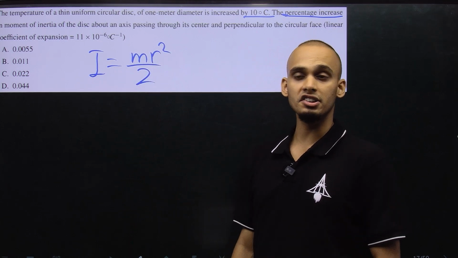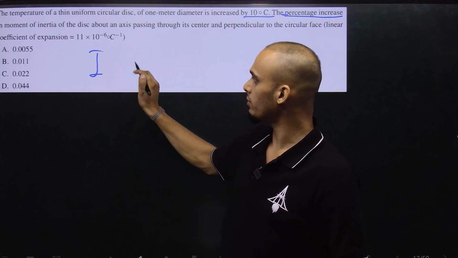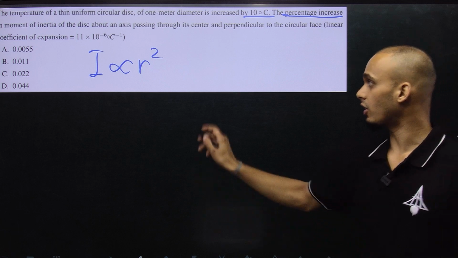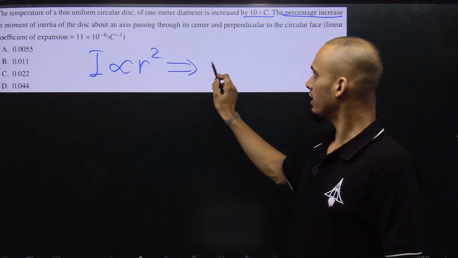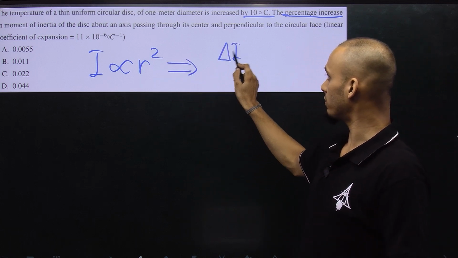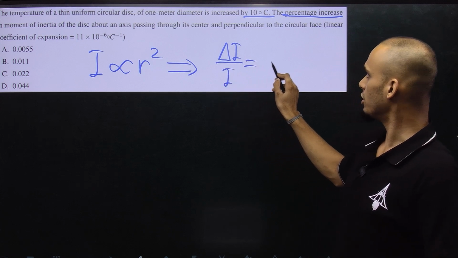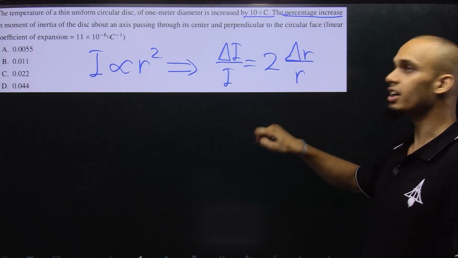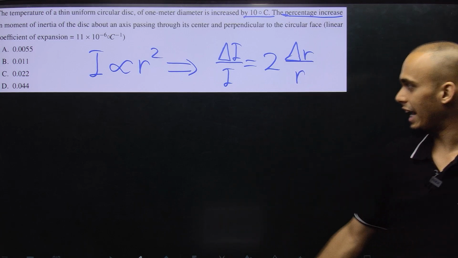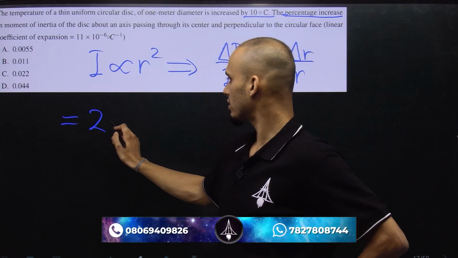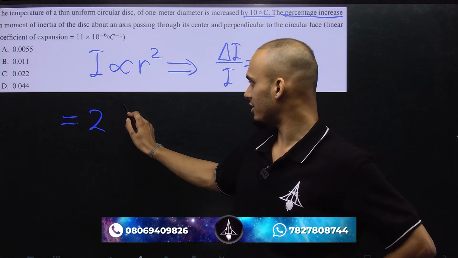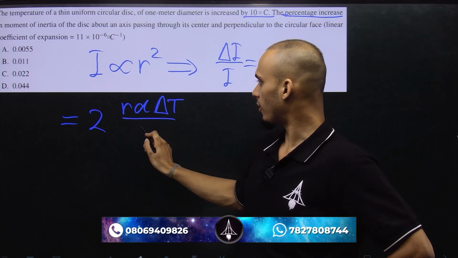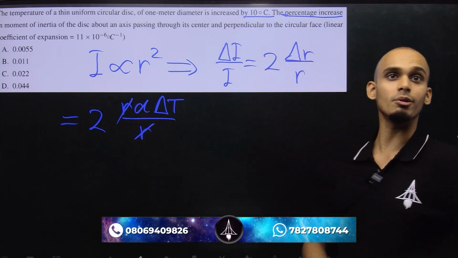So moment of inertia will be proportional to radius square, and using the theory of errors and uncertainty, we get the percentage increase in moment of inertia to be equal to twice the percentage increase in the radius. We can calculate this as twice into change in r, which is simply radius into coefficient of linear expansion into delta T, upon the radius, which will get cancelled from the denominator.